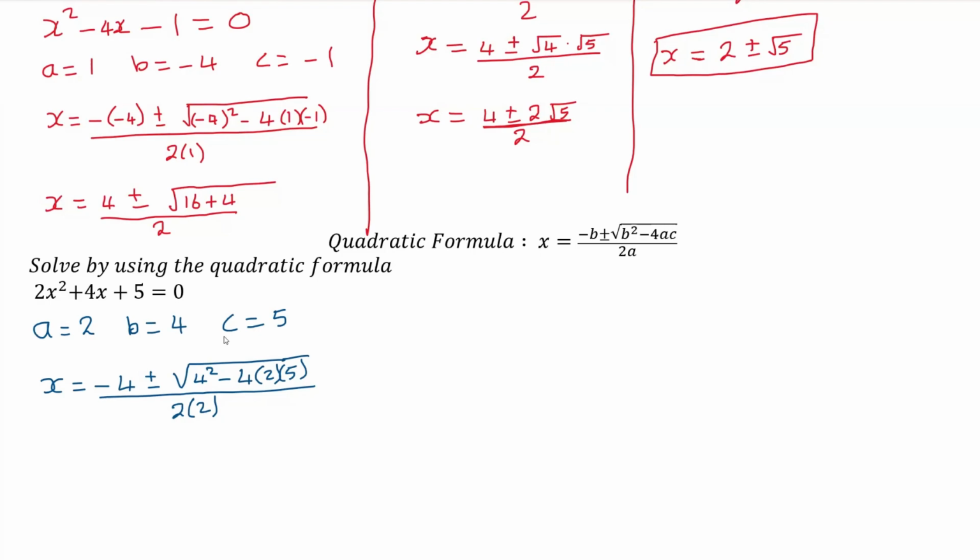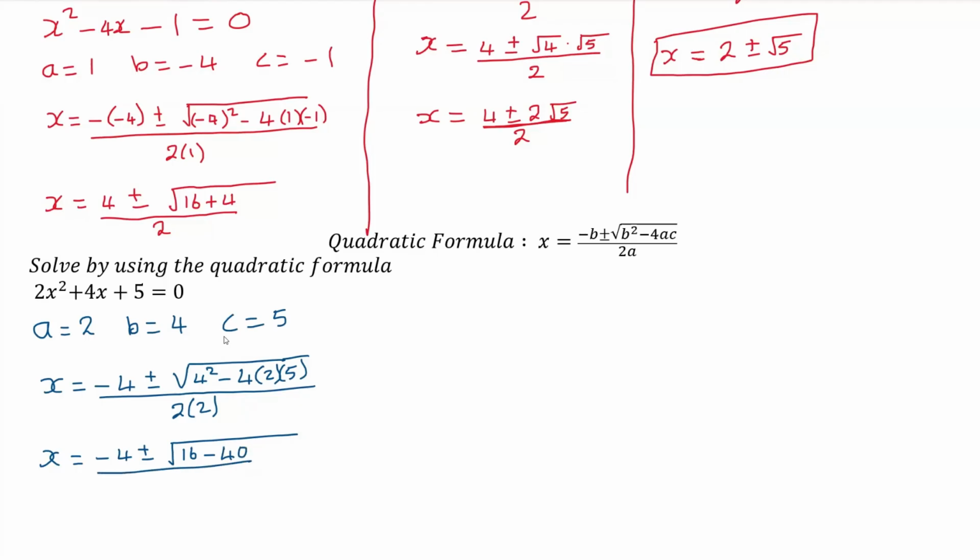All right, so we simplify. So x is minus 4 plus or minus the square root of 4 squared, which equals 16. And now we multiply, so negative 4 times 2 times 5, so the result is going to be negative. There's only one negative, right? And then 4 times 2 is 8, times 5 is 40.